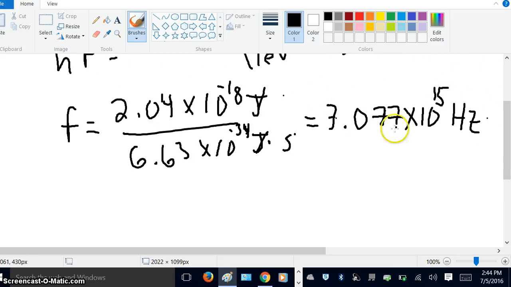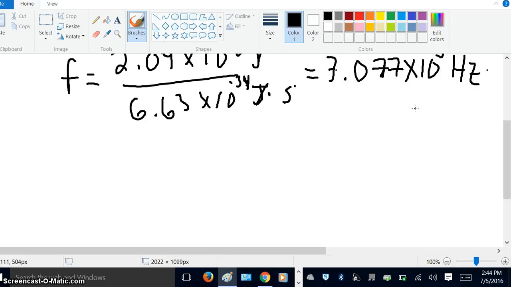Now, if I asked you if this was part of the visible spectrum, right? The 3.077 times 10 to the 15th, you could look that up, or you could remember that the visible spectrum is from blue light, which I did in nanometers before, 400 nanometers to 700 nanometers, but we'll just do it in meters.